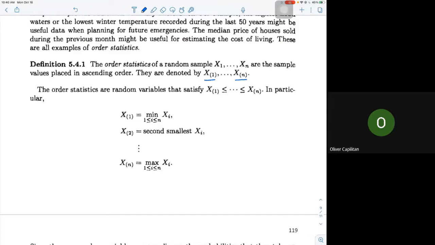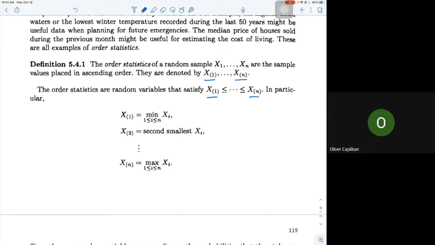So X sub (1), or let's call it the first order statistic, and this one is the nth order statistic. So the first order statistic is less than or equal to the second order statistic, and so on and so forth, and this is less than or equal to the nth order statistic.